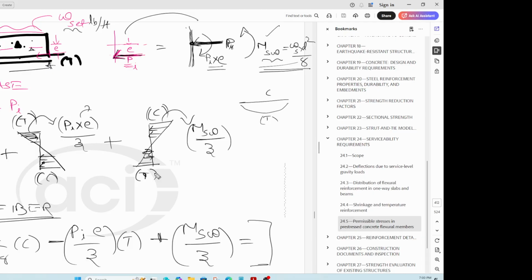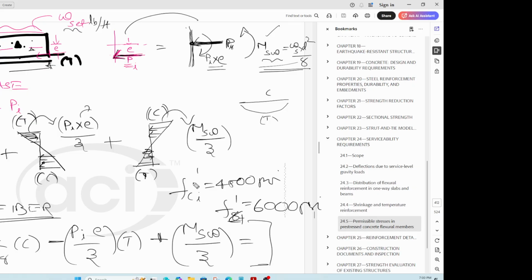For example, in this case, after so many days, it can have an f'ci of 4500 psi. But after some time, it's going to gain its final strength, f'c, which will be close to 6000 psi, right?